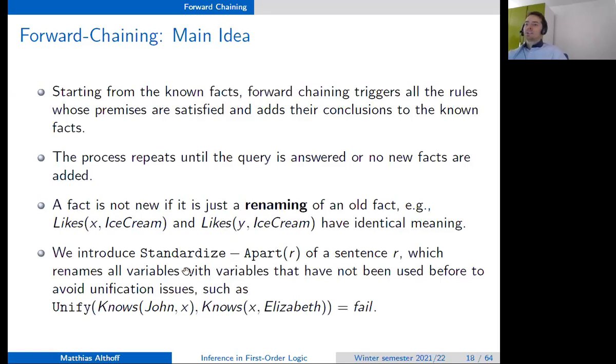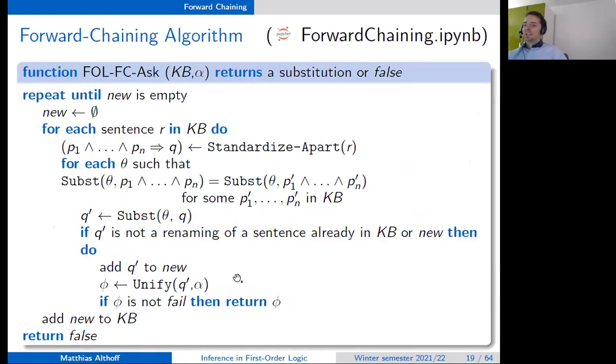What we also will use is standardize apart, so that unification always works and is not failing because we haven't renamed any variables. We want to avoid the situation we had before, where John knows X and X knows Elizabeth, but the two X's should be different. When we use standardize apart, we automatically find a new variable name.